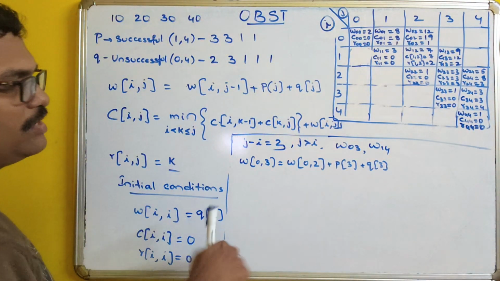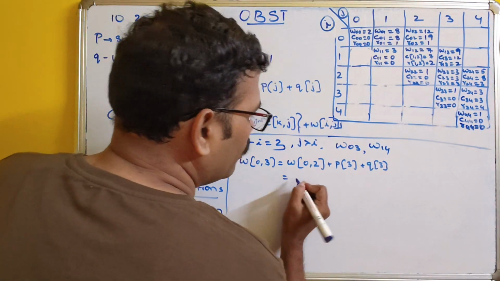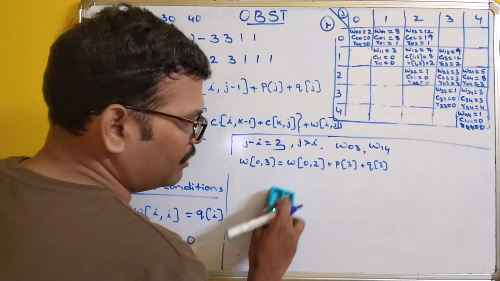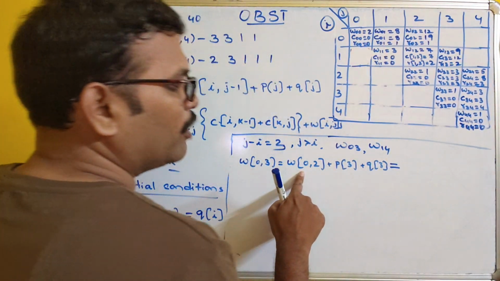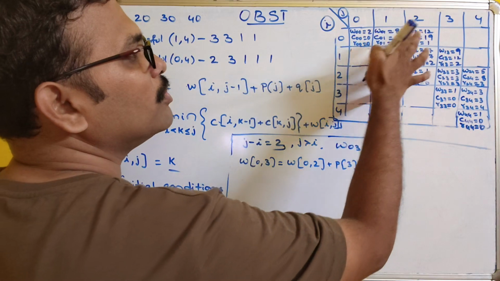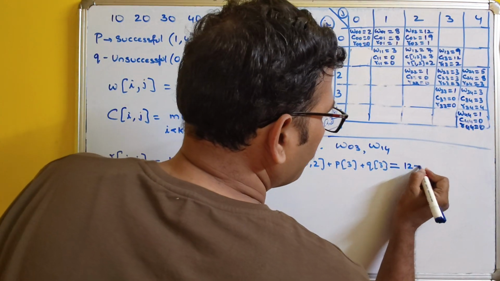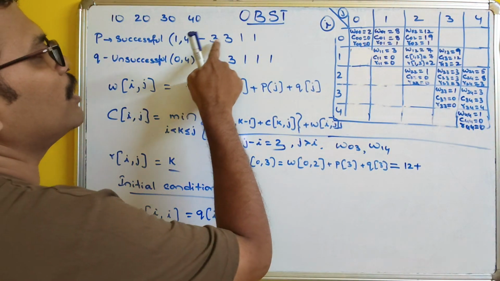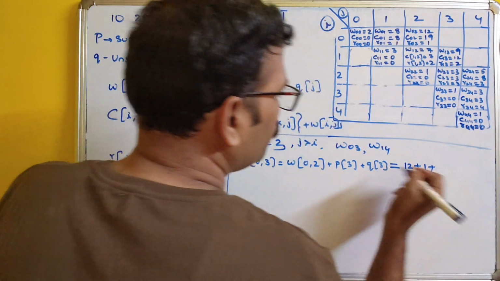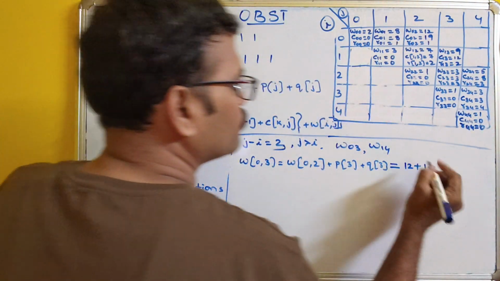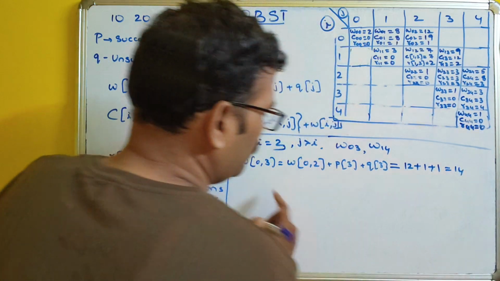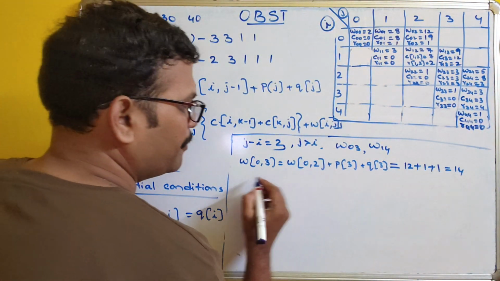So I am applying only these formulas. W of 0,2 is 12, plus P of 3 is 1, and Q of 3 is 1. So which is nothing but 14. W of 0,3 is 14.